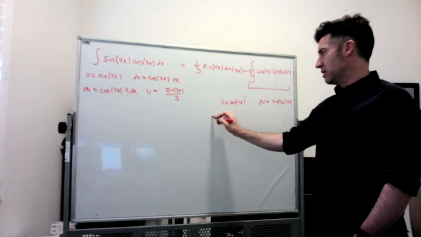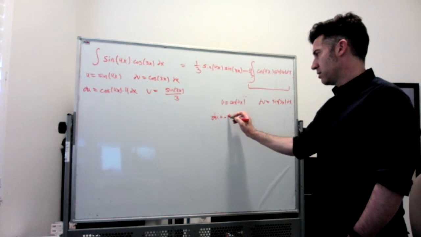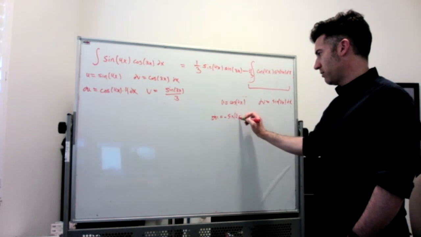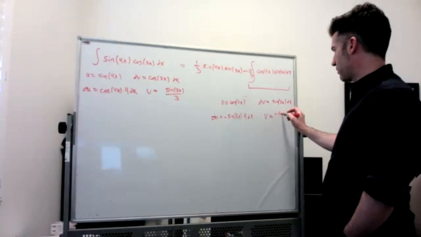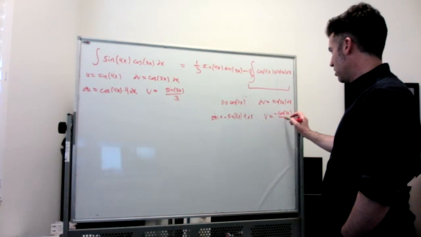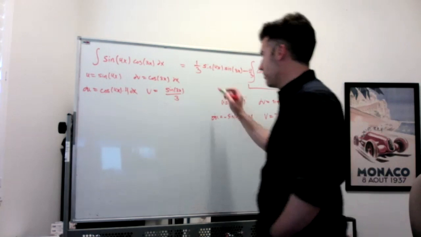du is going to be negative sine of 4x times 4 times dx. And v is going to be negative cosine of 3x all over 3. Okay.